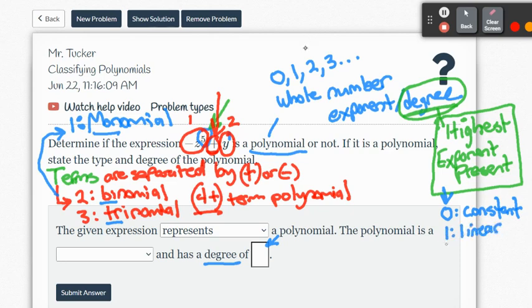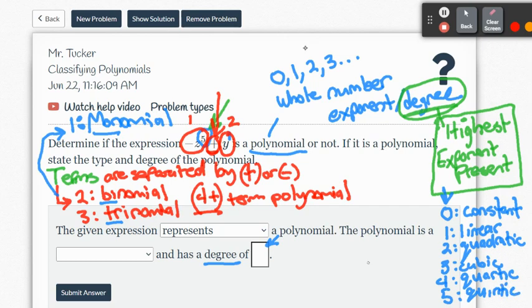You should be very familiar with these names. The degree is 2, it's a quadratic. The degree is 3, it's a cubic. The degree is 4, it's a quartic. And if the degree is 5, it's a quintic.